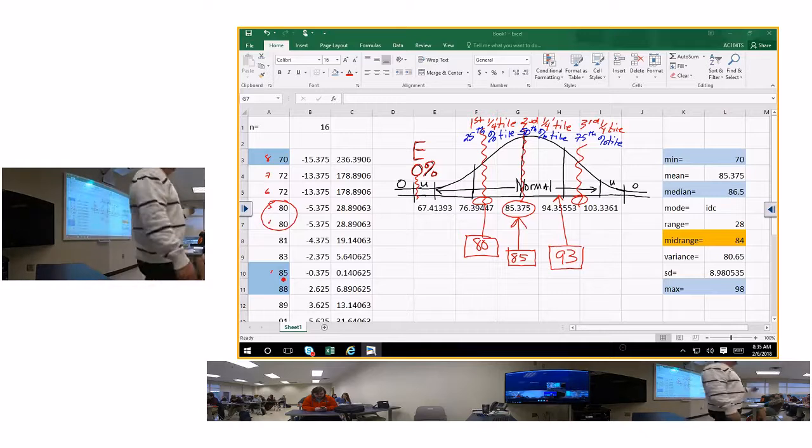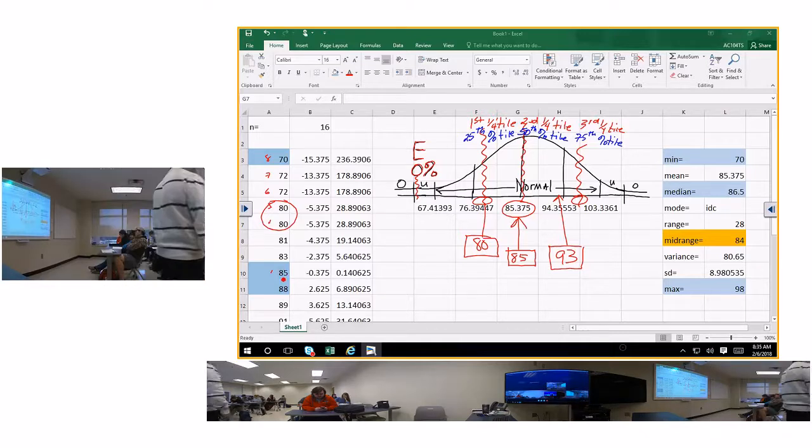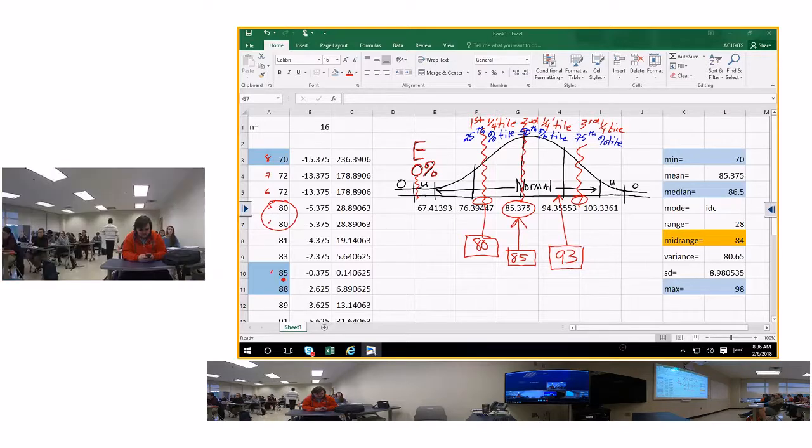Now, if you add your min and max to that, how many numbers is that? 5. And that's your 5-number summary. Real easy to find. Now, I have seen people get lobotomized in a Math 120 class by a teacher that showed them the 5-number summary. It's not difficult. It's very simple.